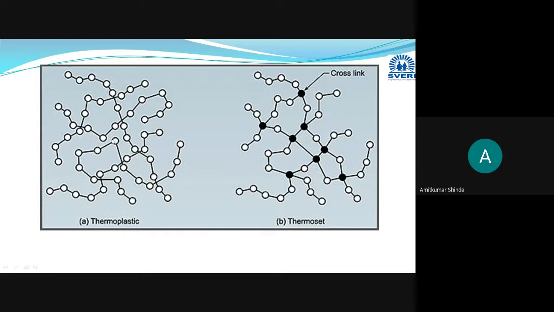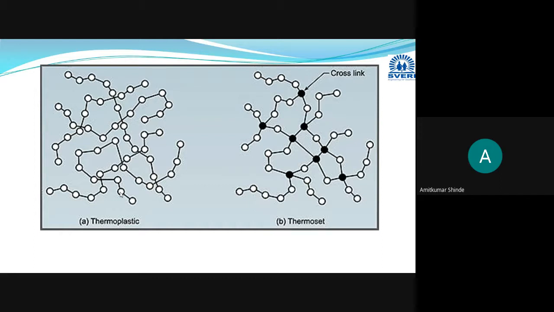Cross link is not present in the thermoplastic material. That's why the bonding is very weak, and due to this weak bonding, their melting point is also low. All the properties of this material will depend on this structure only.